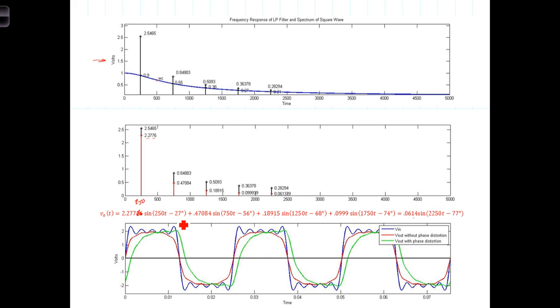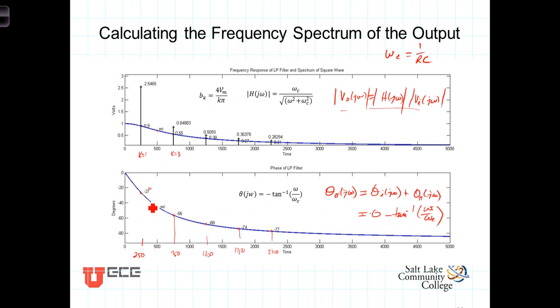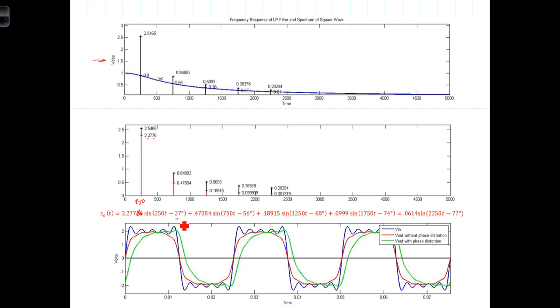Now, the phase terms. You'll recall that the phase of the output was equal to the phase of the input plus the phase of the frequency response. But because the phase of the input was 0 in each of these terms, the phase seen at the output is just the phase shifts introduced by the frequency response function, or negative 27, negative 56, negative 68, negative 74, negative 77, and they show up then as the phase shift at each of those corresponding frequencies.